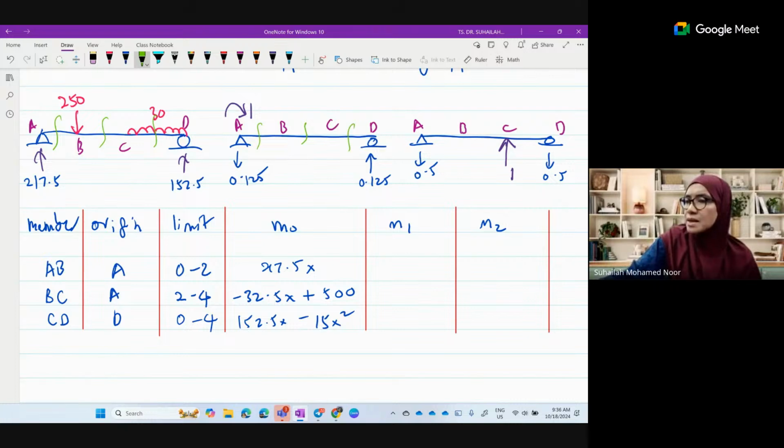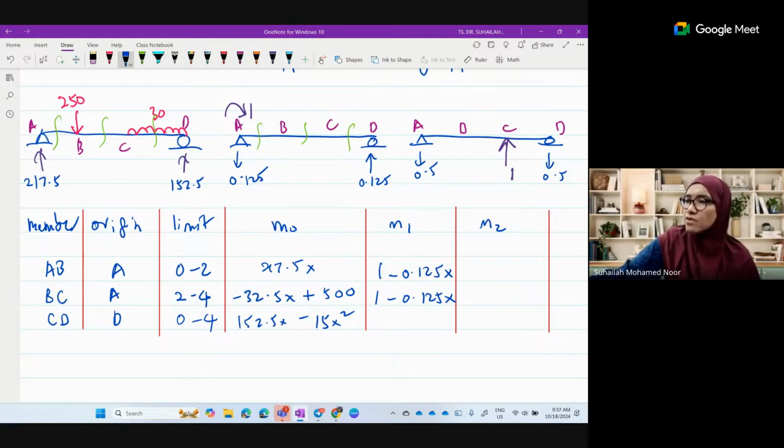For this case, AB and BC have the same equation, because the origin is the same when we draw the section. So this will be 1 minus 0.125x. Correct? Please check. Both are the same.